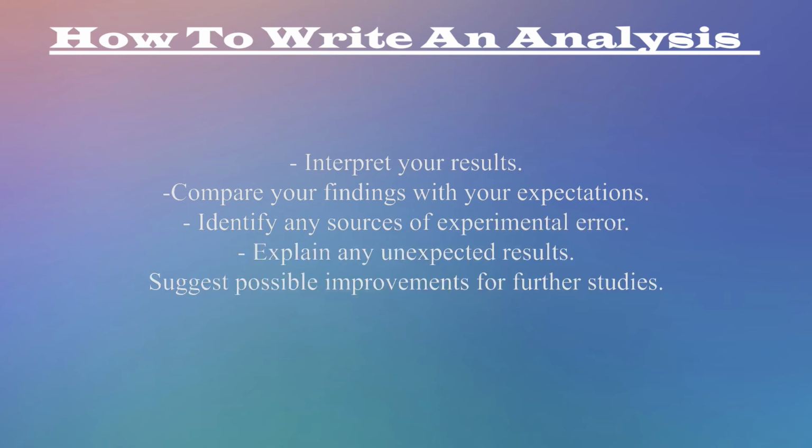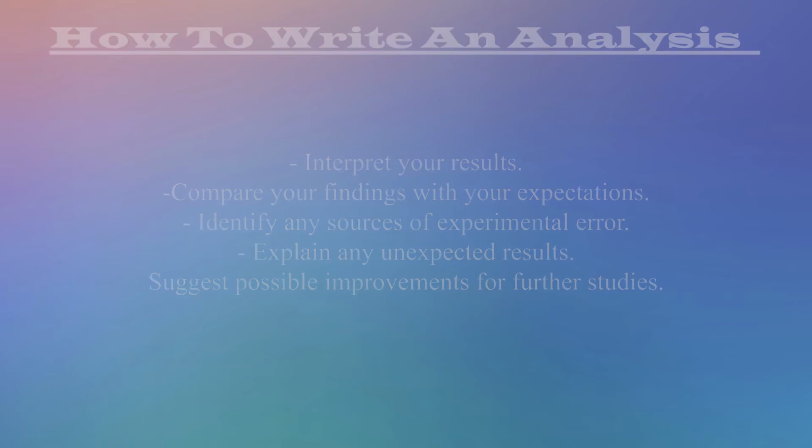So how exactly do we write an analysis? In the analysis section, you will need to include the interpretation of your results, the comparison of your findings with your expectations, identifying any sources of error, explaining any unexpected results, and suggesting possible improvements for further studies.